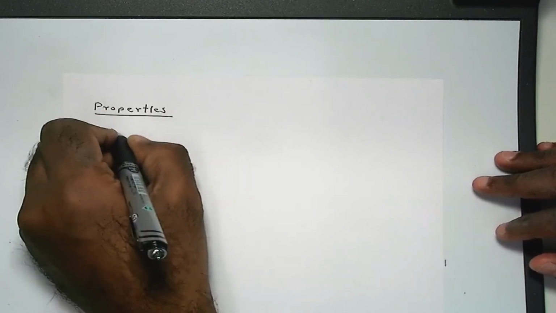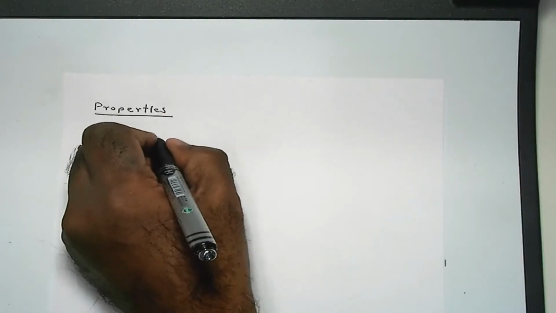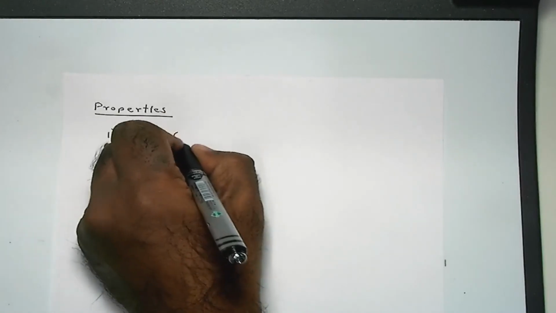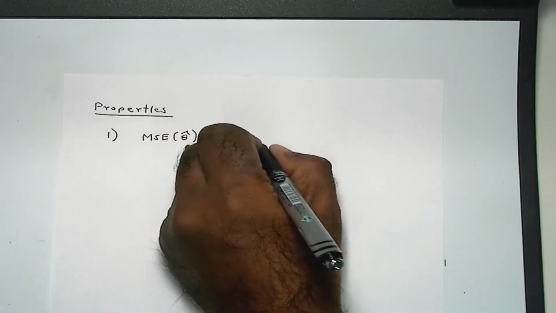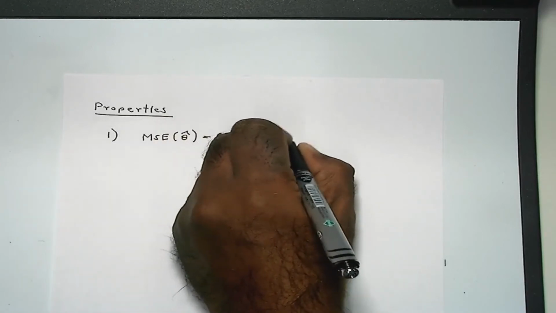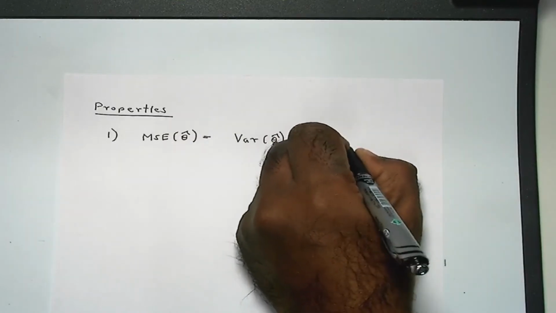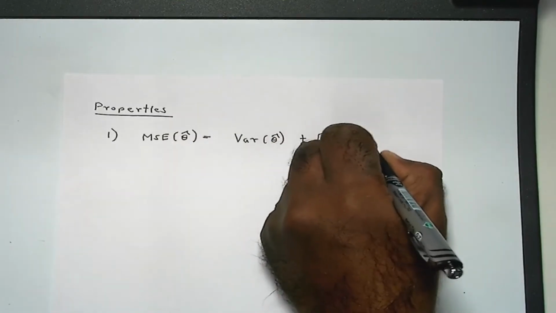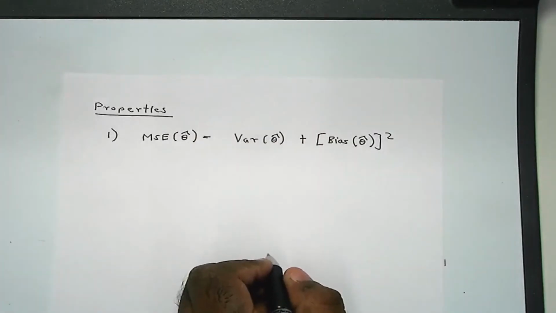Property 1 says that the MSE of an estimator can be written as the variance of the estimator plus the square of the bias. Right, that's property 1.